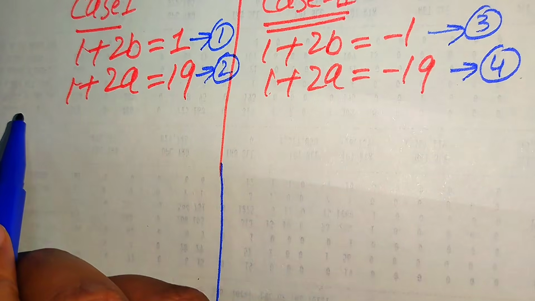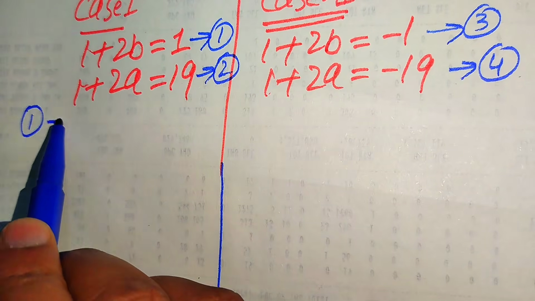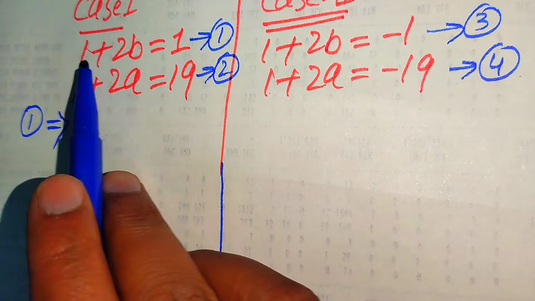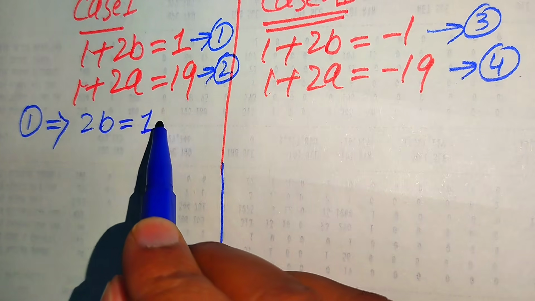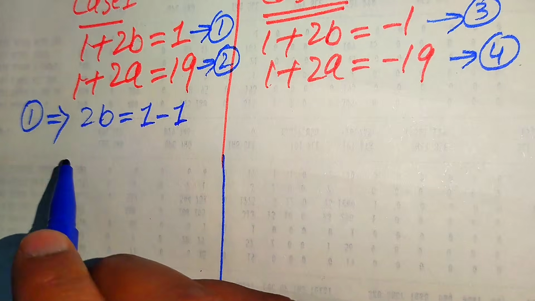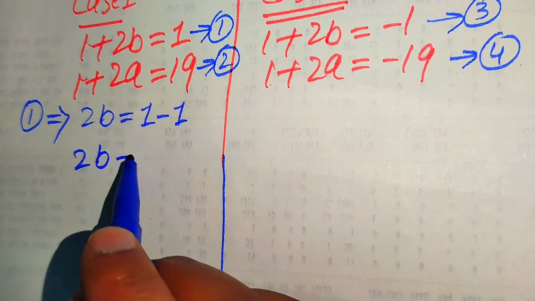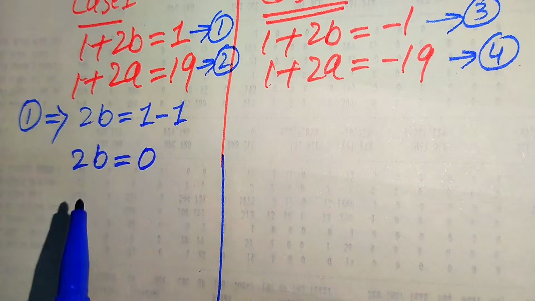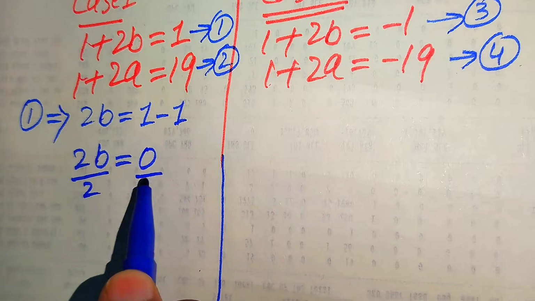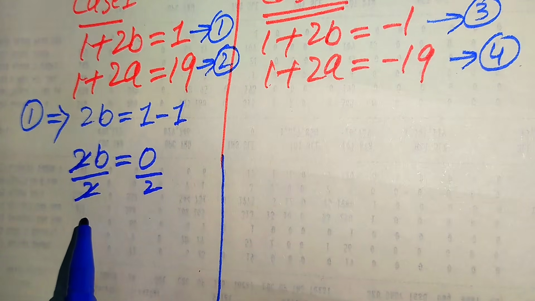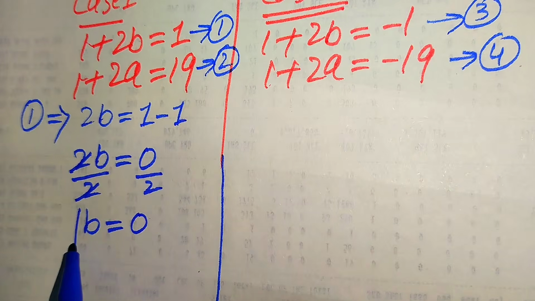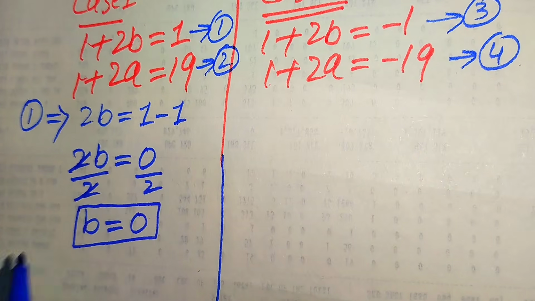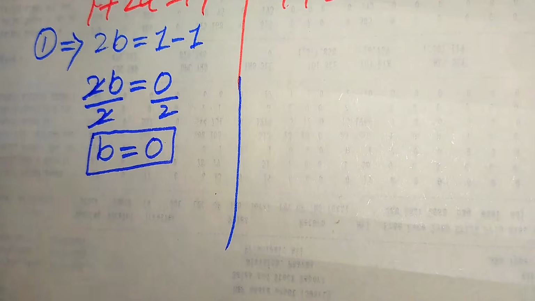First we focus on equation number 1, which implies that we move plus 1 to the right hand side and it becomes 2b equals to 1 minus 1, and we obtain 2b equals 0, and now we divide both of the sides by 2 and we get b equals 0 divided by 2 becomes 0.